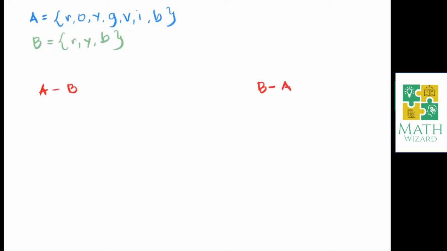We can directly identify by solving na we just remove all the elements ng B kay A. O di kaya naman for B minus A, remove lang natin all the elements ng A kay B.